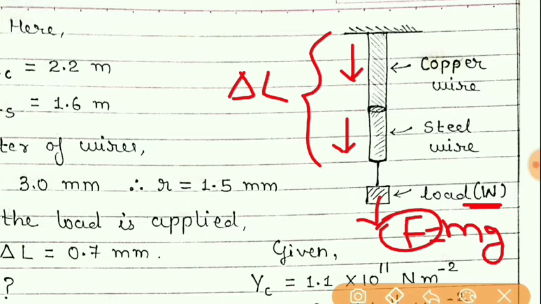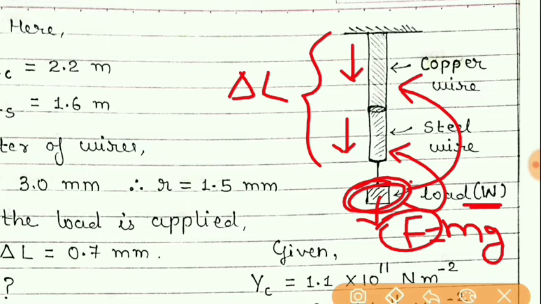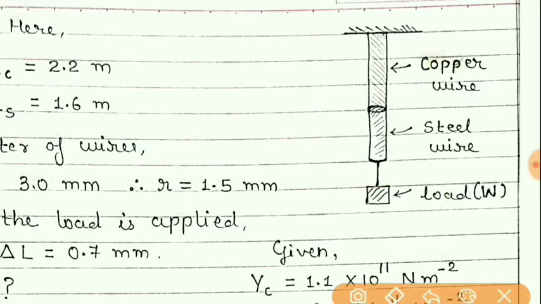But we know that different wires have different properties. The load applied here will affect the copper wire, and the same for the steel wire, but the change in length of the copper wire will be different, and that of the steel wire is also different. Students, here we have to neglect the masses of these wires, means we will consider that this copper wire and steel wire are massless.